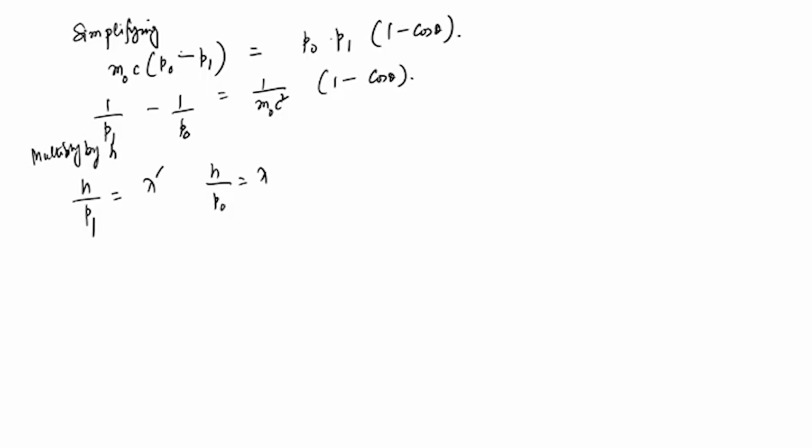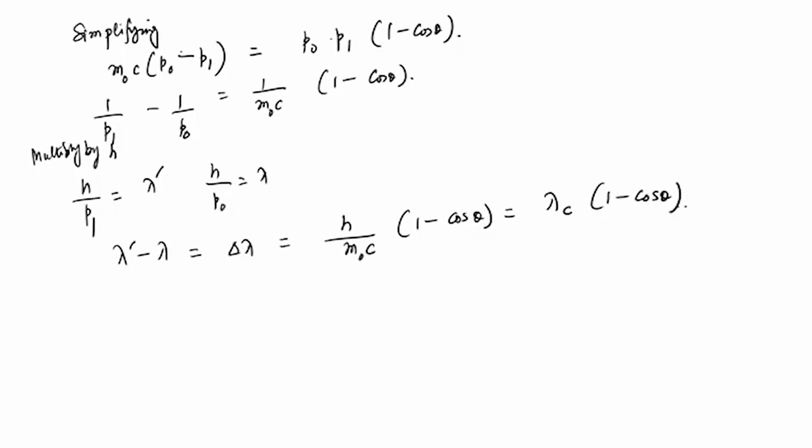So this means that lambda prime minus lambda, equal to delta lambda, is equal to h over M0 C times 1 minus cosine theta. This is written as lambda c times 1 minus cosine theta, where lambda c is equal to h over M0 C, which is called the Compton wavelength.